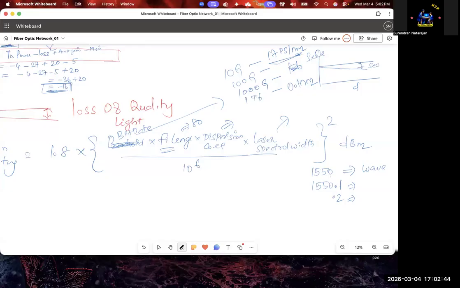Those three roads are different frequencies. The only difference is the gully road's width is small, the state highway is a bit larger, and the national highway is higher. So what they mean by laser bandwidth is that the laser can generate frequencies even as close as 0.1 nanometer apart. This is 1550 nanometer, this is 1550.1 nanometer. So don't worry, when we study the laser, we will see.